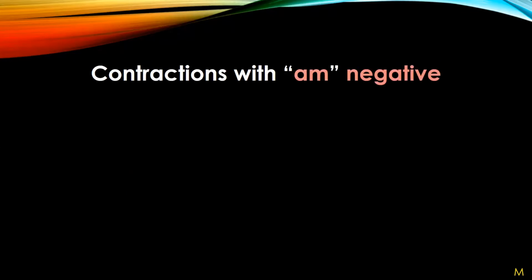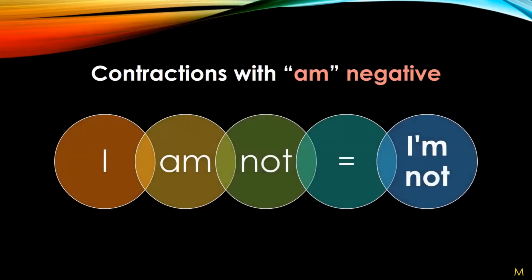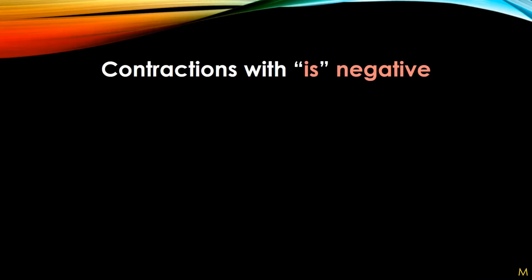So if we're going to start making a contraction, we can still contract the beginning, between the pronoun and the verb. So I am not would contract to I'm not in this case. But other ones are a little bit different.